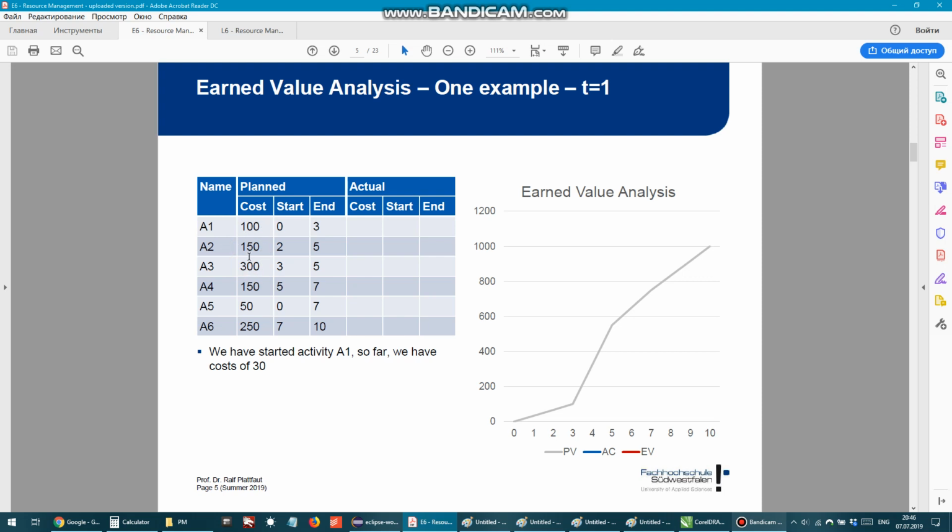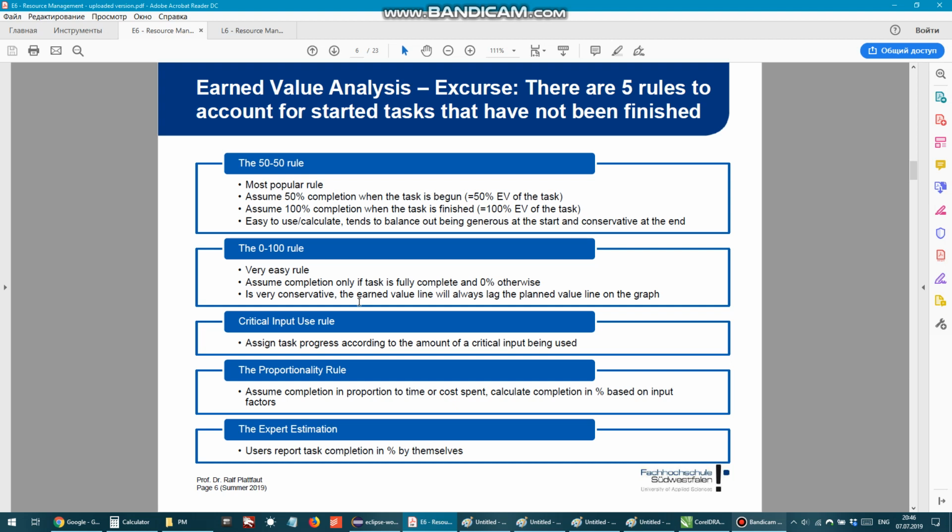It is 300, 150, and 100, which makes 550 for day 5. For day 7, we also have 2 tasks completed, an additional 200, which is 150 and 50. So 550 plus 200 is 750. And for day 10, we have the last task, which will cost us 250, and in total it makes 1000 planned value.